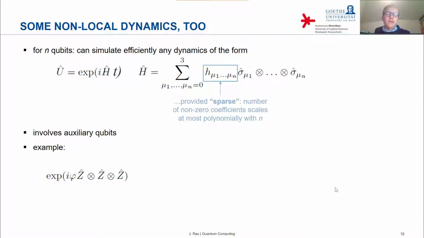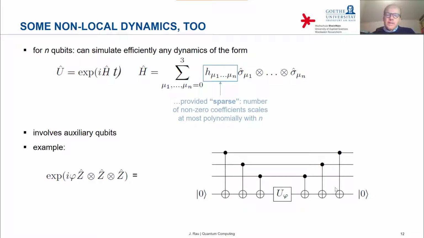So instead of a time evolution, you could also regard this as a rotation in 3-qubit Hilbert space by some angle phi. But you may just as well replace phi by time. So in the 3-qubit Hilbert space, we have an evolution operator of this form, and it's generated by a tensor product of 3 Paulis involving all 3 qubits.